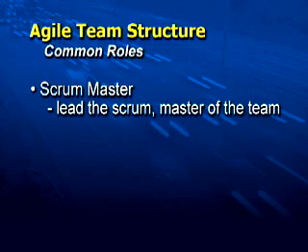And Alex, speak a moment about how Agile development teams are structured. So when you look at the structure of an Agile team, you typically have some common roles. The most common role on an Agile team is this role that is called Scrum Master. The idea that this person who's leading the Scrum, the team, they are the master of this team, they're the leader.